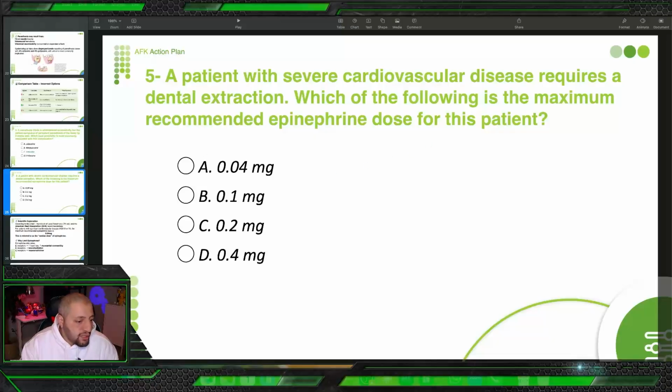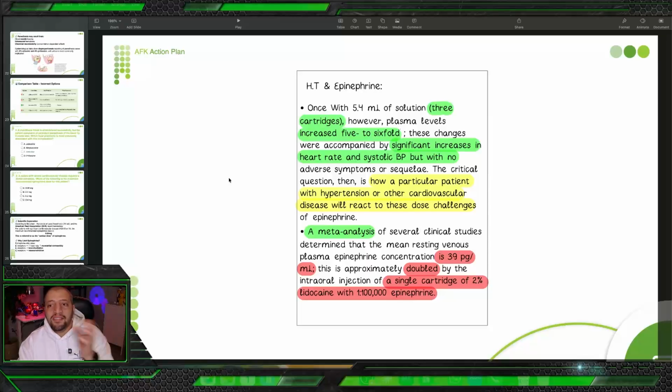Why? Let's see why. They did a study and found what happens when you give a patient who has hypertension, and we discussed patients with angina, congestive heart failure, CVA, and history of MI. So this is the whole story about cardiac conditions. They found that 5.4 milliliters of solution, equivalent to 3 carpules of 1 to 100,000, increased the plasma level 5 to 6 fold.